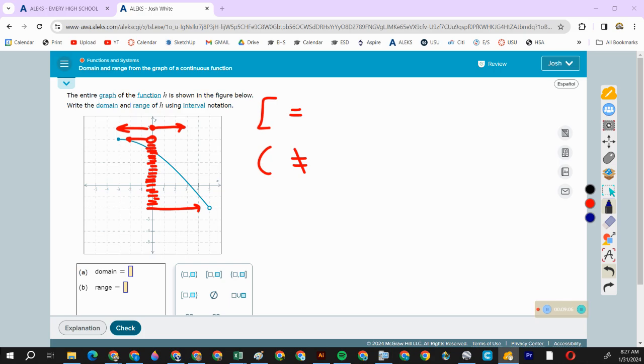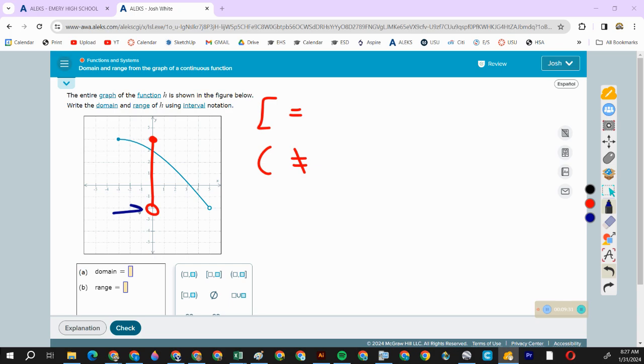What is the lowest city that we have? What's the smallest city in the range? Well, it's everything from here to here. Do you see that? So the x-axis are the people, the domain, and the y-axis are the cities.